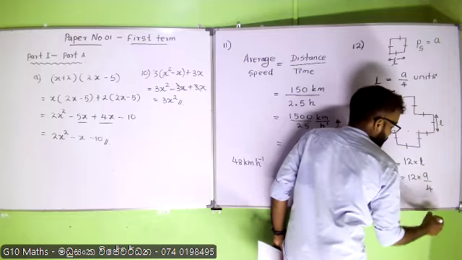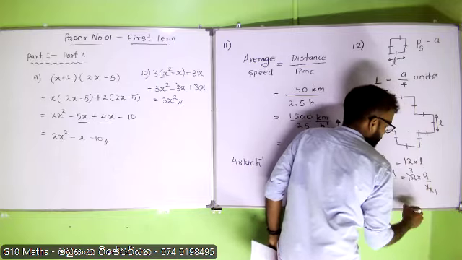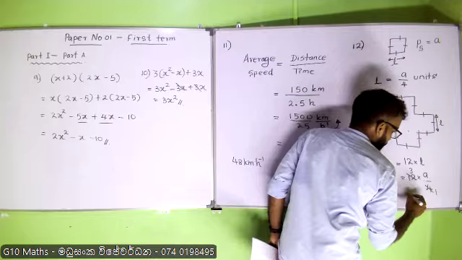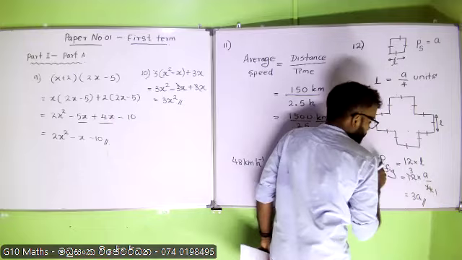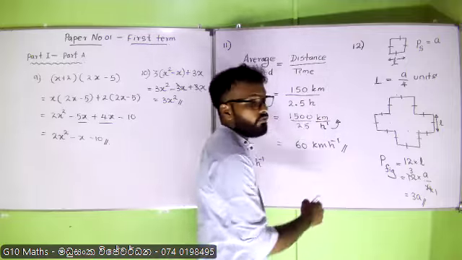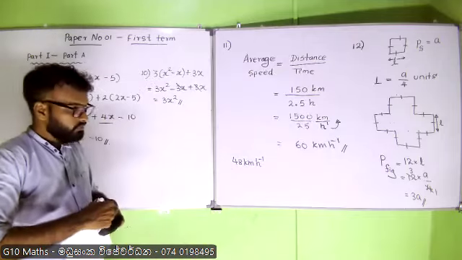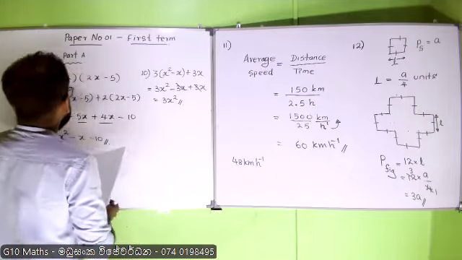You can simplify this one. 4 times 1, 4 times 3. So the final value is 3A. So the perimeter of the full figure is 3A. You need to understand this.